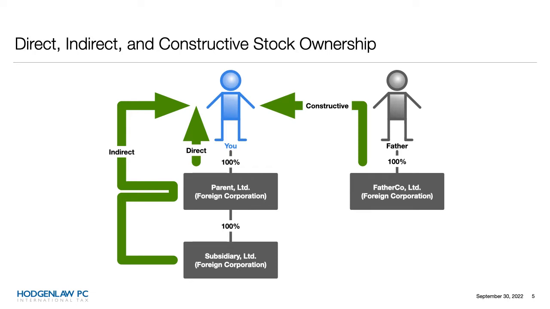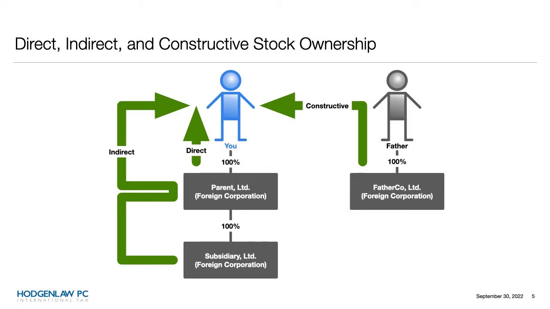By contrast, if you look over to the right, where you've got dear old dad who owns 100% of Father Co. Limited stock, you are treated as the constructive owner of that stock because of the family relationship, parent-child in this situation. You don't have an economic interest per se, because you will not have any economic interest unless dad gives you the stock or you inherit it.